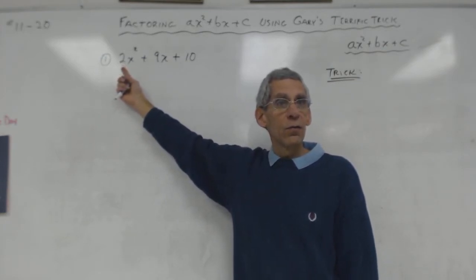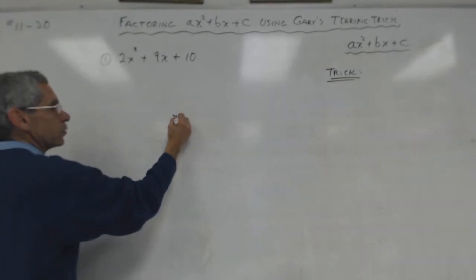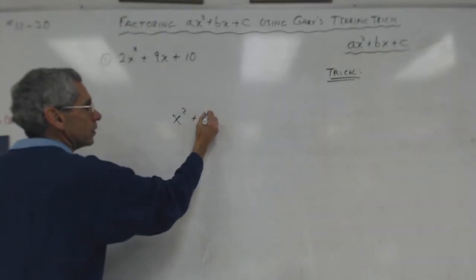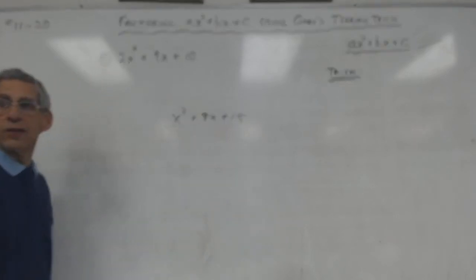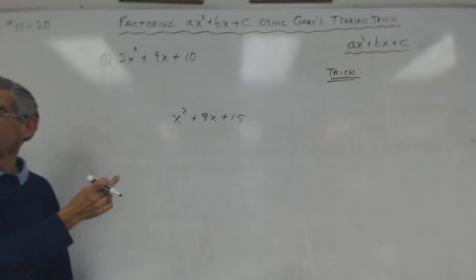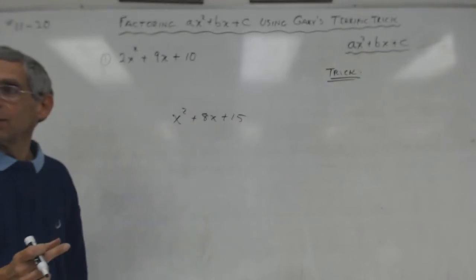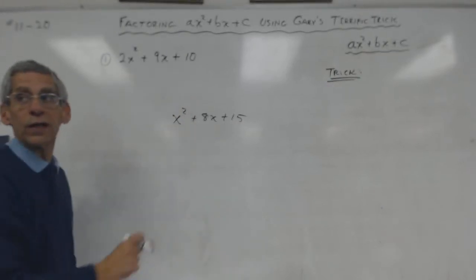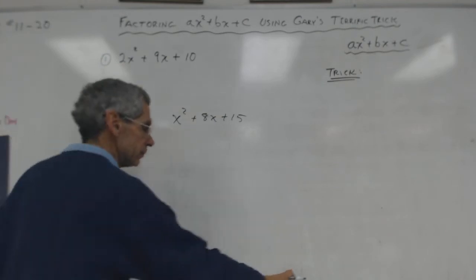When a was a 1, like x squared plus 8x plus 15, all we had to do was find two numbers that multiplied to get c and added to get b. Unfortunately, that doesn't work here. We can't use that method.